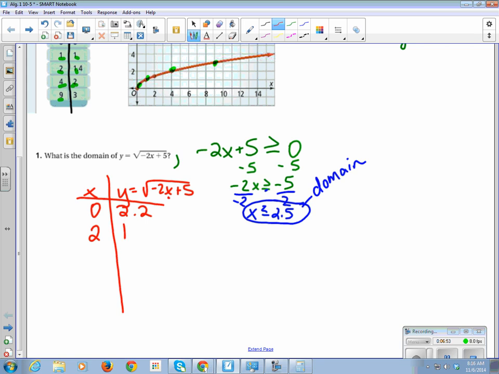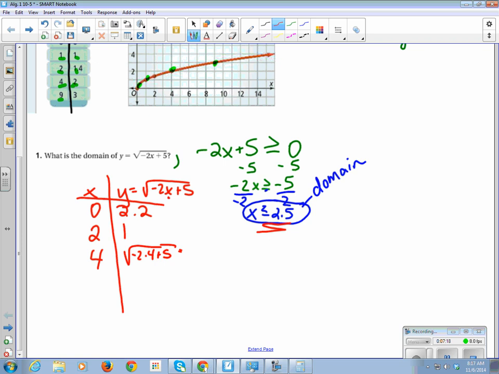All right, let's test this limit. It says we have to be less than or equal to 2.5, so let's go forward. Let's see what happens when we go above our domain. So we got negative 2 times 4, which is negative 8.